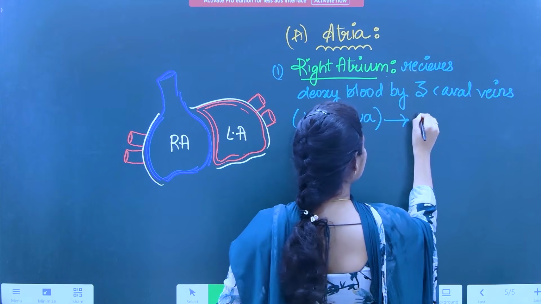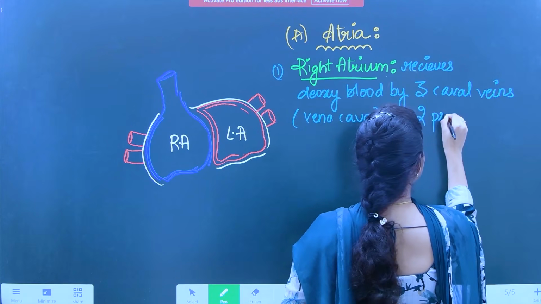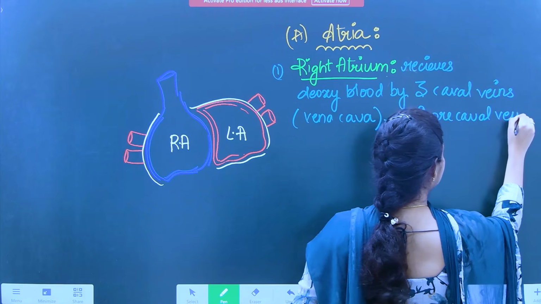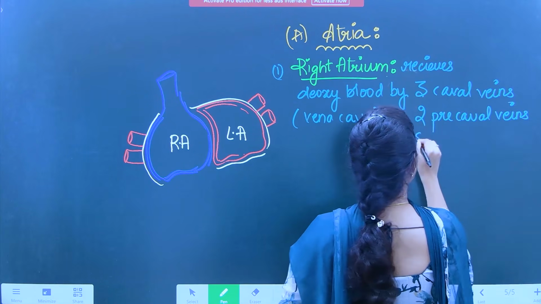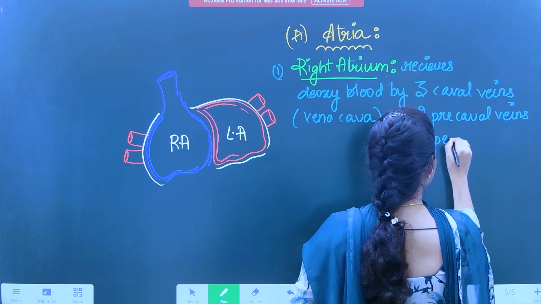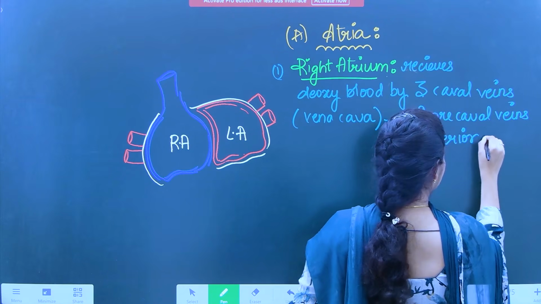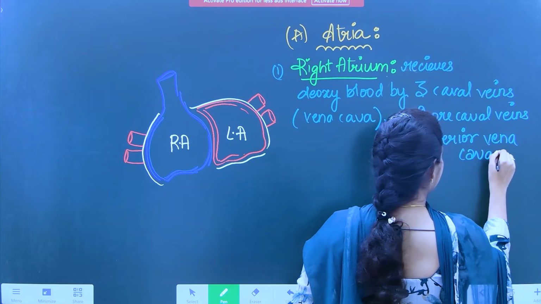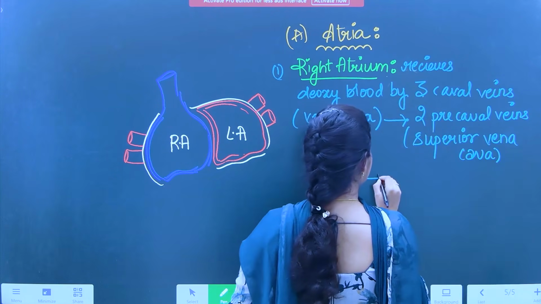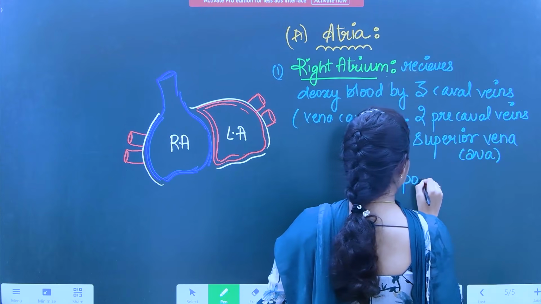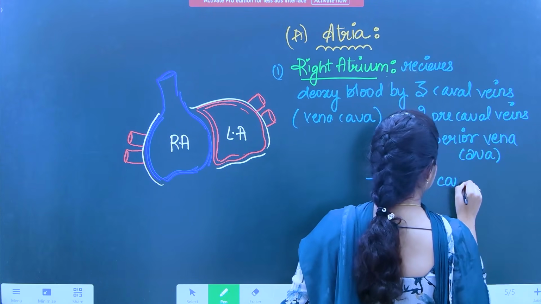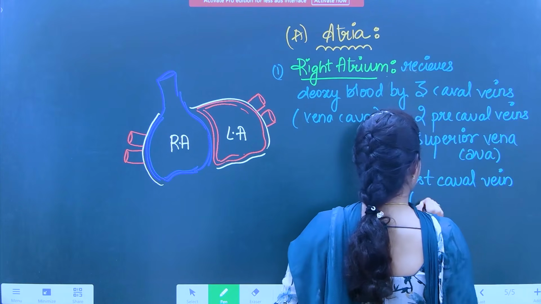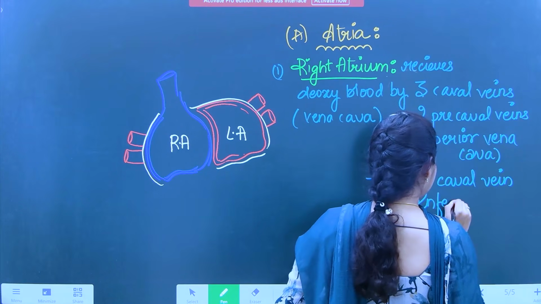What are the 3 vena cava? 2 precaval veins, which are also called superior vena cava, and 1 postcaval vein, which is also called inferior vena cava.